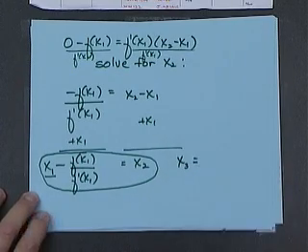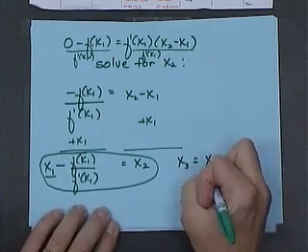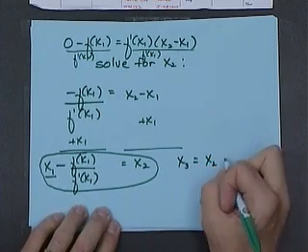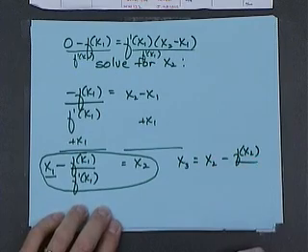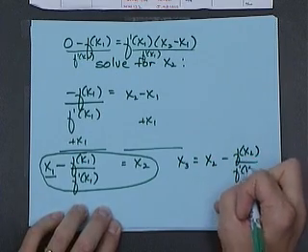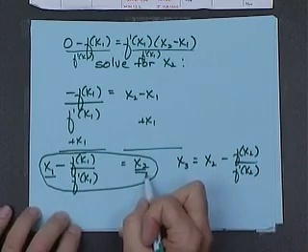Somebody that sees the pattern, tell me how we would find x3. We would take x2 minus the function at x2 divided by the derivative at x2. So your answer to part 1 becomes your data to part 2. You were searching for x2.